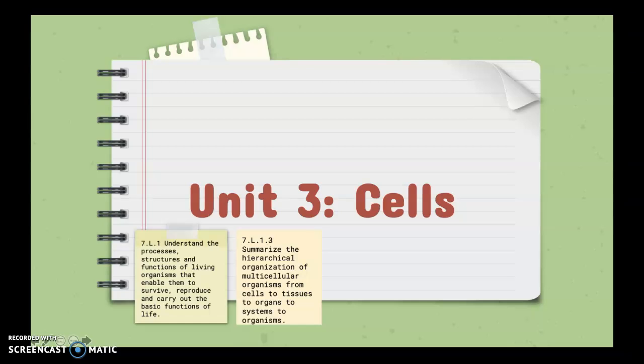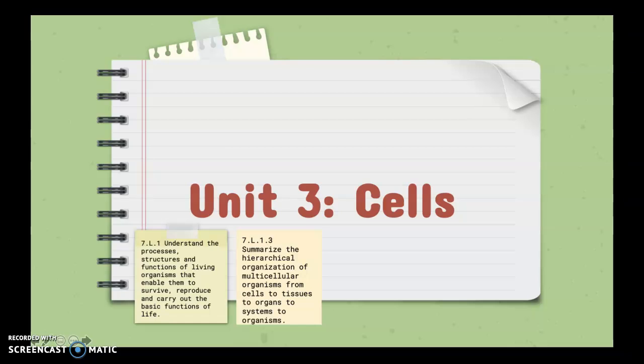Today we're starting our new unit on cells. I'm excited, and I hope you are too. Our unit standard is 7L1, which states: understand the processes, structures, and functions of living organisms that enable them to survive, reproduce, and carry out the basic functions of life.